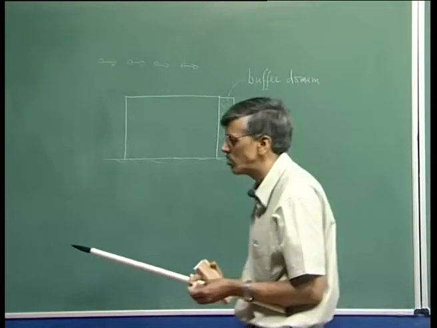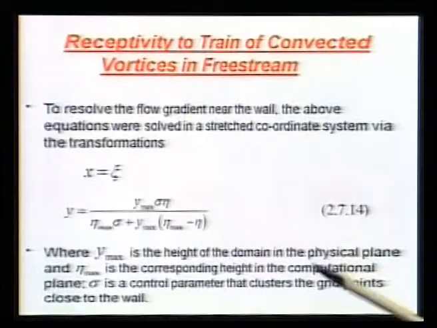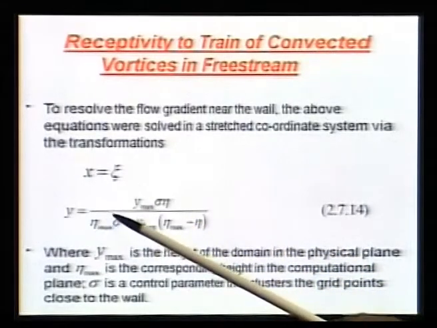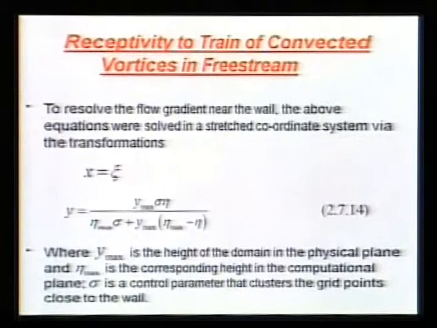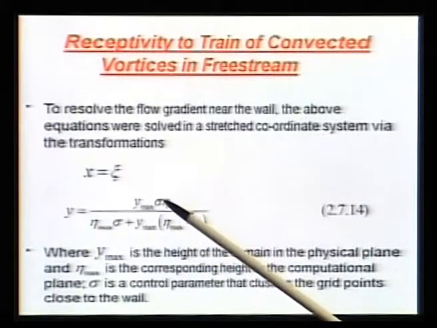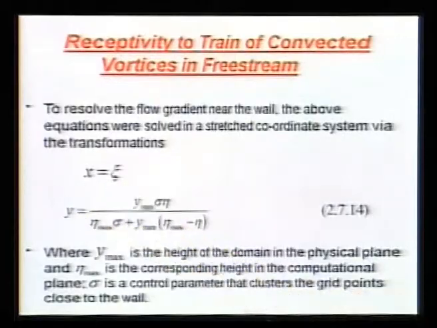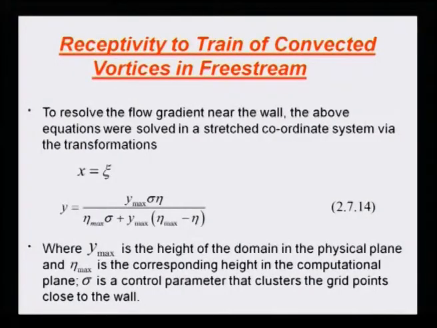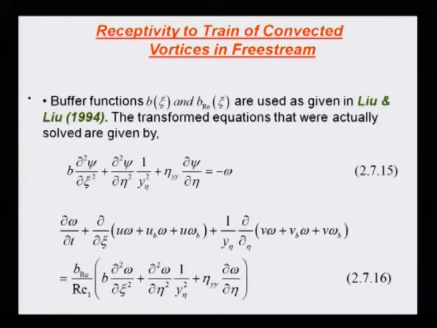So, we fix this y max in the physical plane, and that would correspond to some computational eta max, and these are the control parameters that will define our graded grid in the wall normal direction. So, we will have a finer spacing near the wall, which will dilate as we go above.